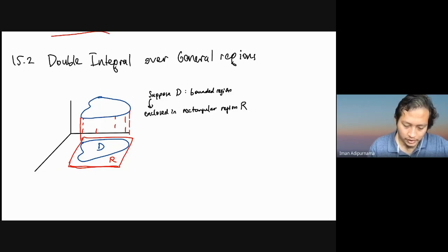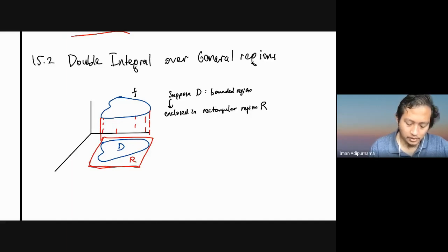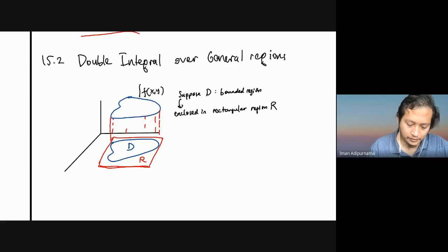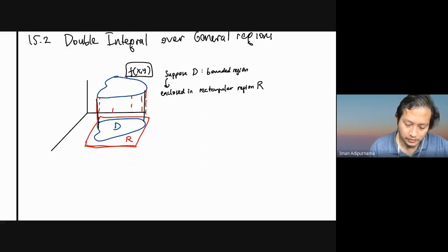And in order to integrate, let's say this has a function f. Instead of just looking at this f, to observe in a clearer way, we need to develop a new function.